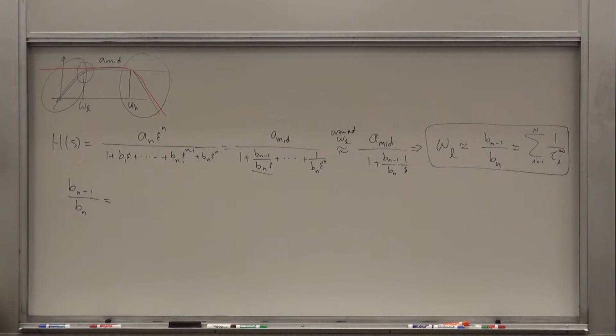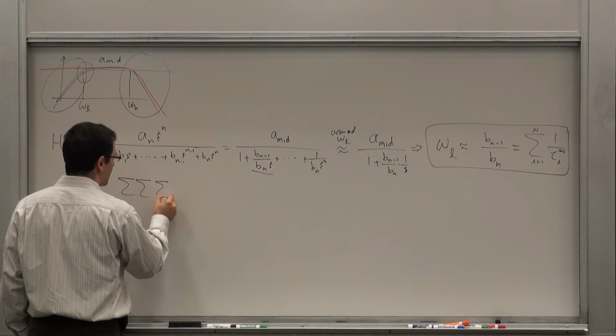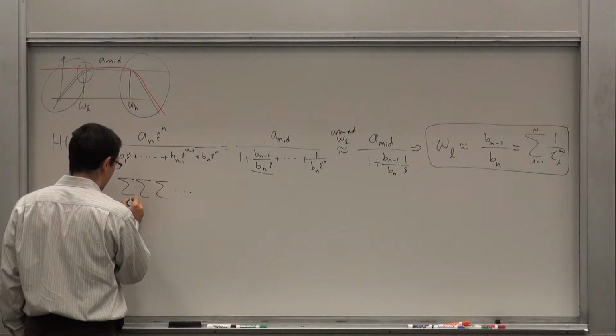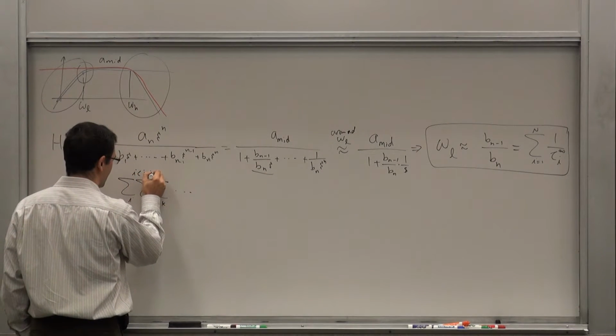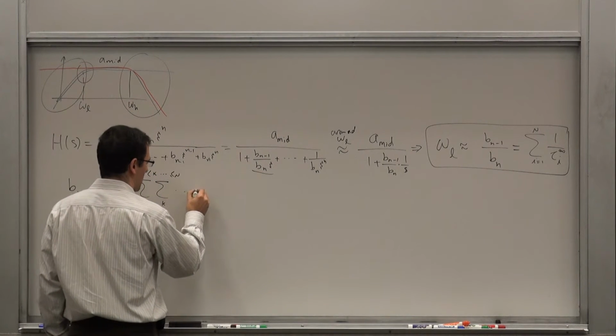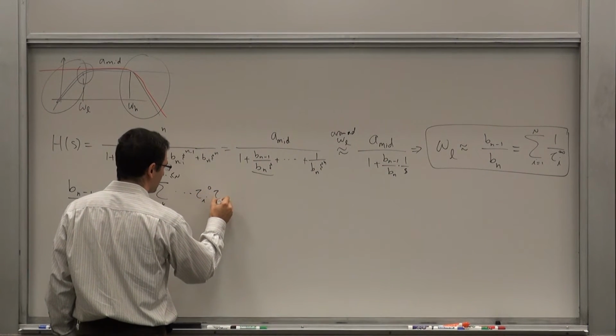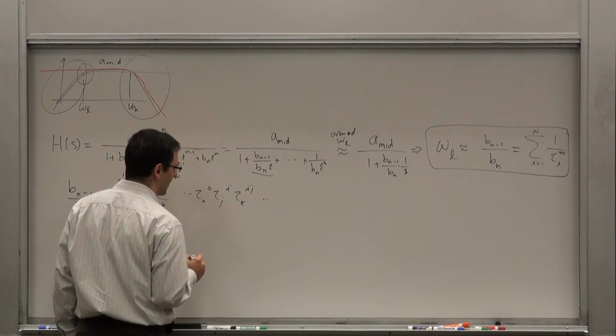What is Bn minus 1? Bn minus 1 is a scary looking sum, which is not as bad as it looks, of tau i0, tau ji, tau kij, all the way.